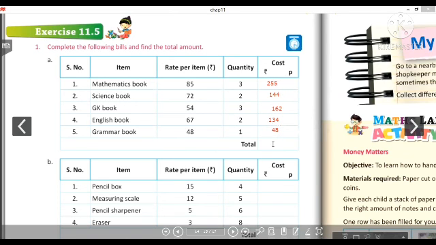And then finally what we have to do, we had to add all these up. So 255 plus 144 plus 162 plus 134 plus 48 is equal to 743. So 743 is the final answer. Easy, isn't it? Now let's solve the B portion.